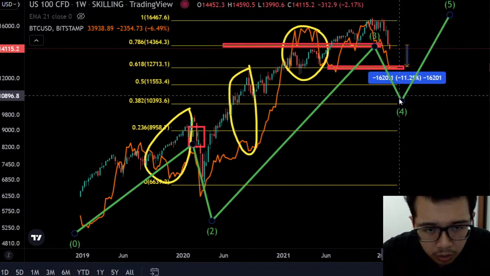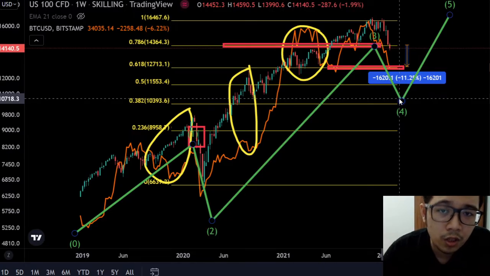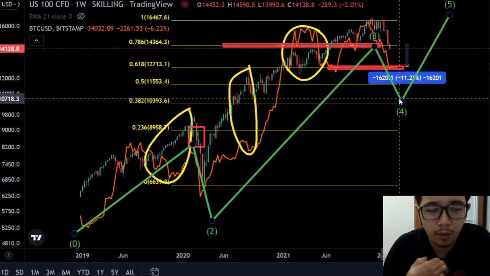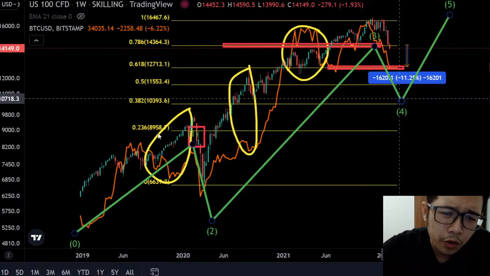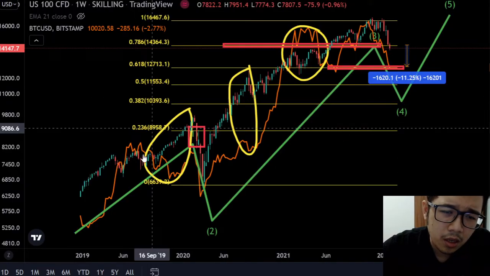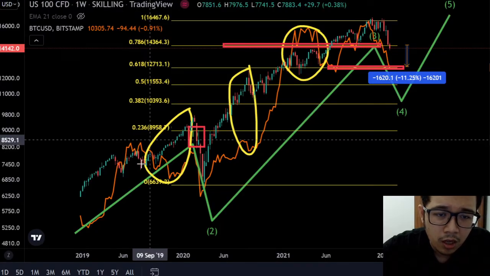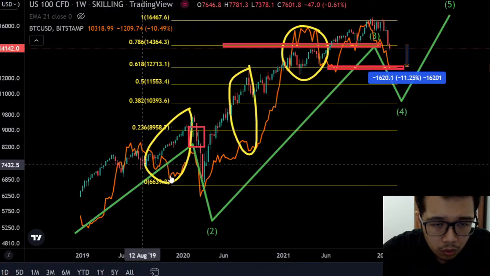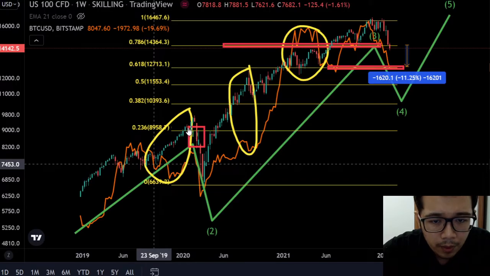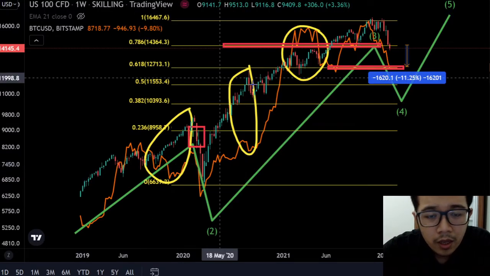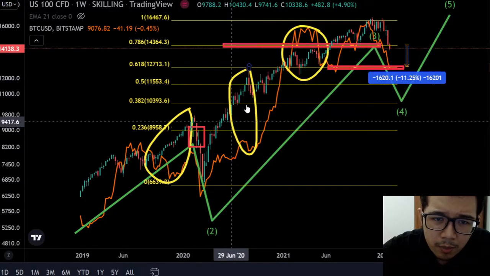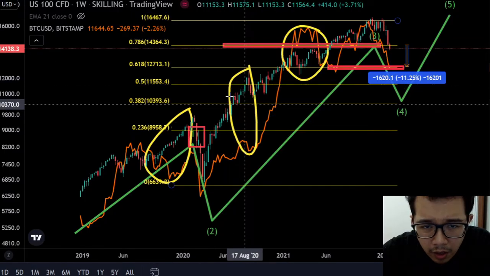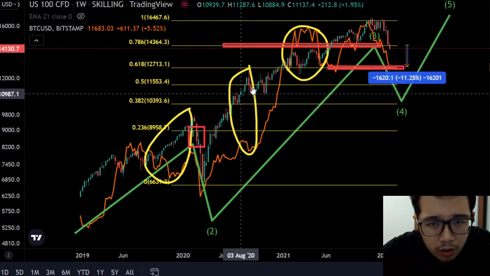But note that it is not 100% that Nasdaq and Bitcoin always have the correlation. You can see here in this yellow circle, Bitcoin is going down and Nasdaq going up. It also happened in July. There is a short time that Bitcoin is a bit down and Nasdaq is going up, but overall it is going up.